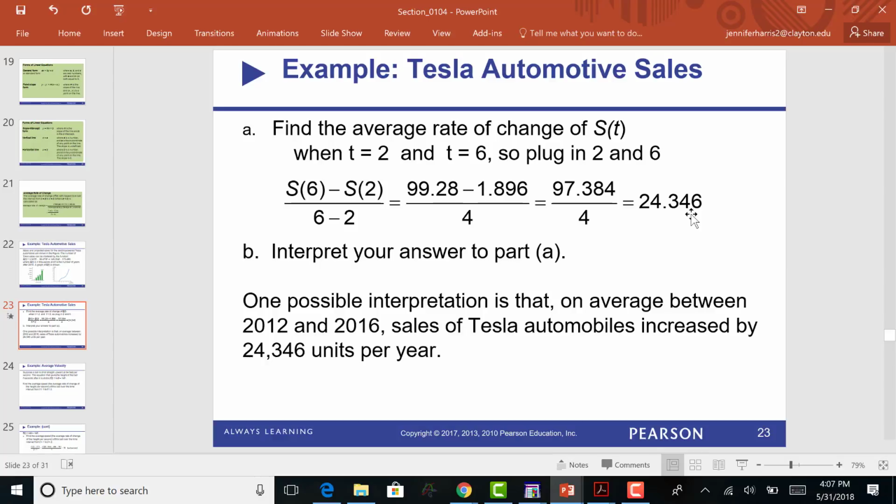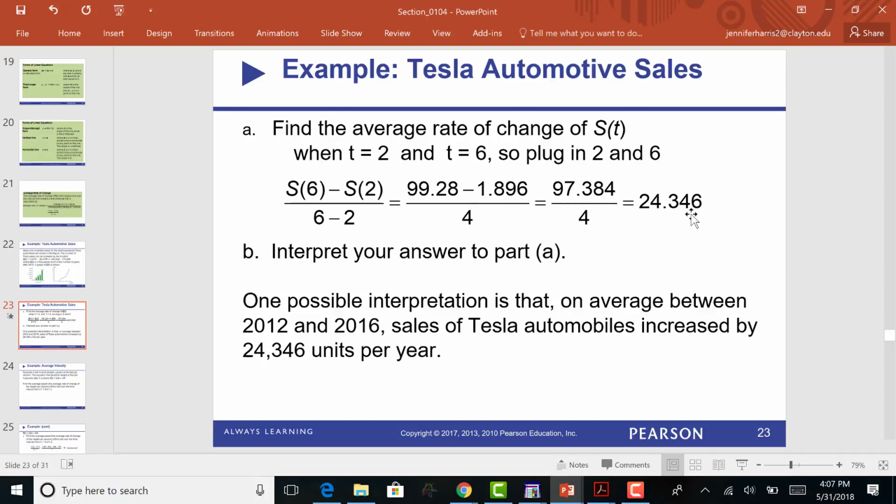What in the world does that mean? 24,000. Okay, so it is 24,000. Tell me what that number means. When it says in the homework, interpret, it wants to make sure you got an answer. Do you know what that number means? Each year went up by 24,000. And why are you saying that? Because it said the average.